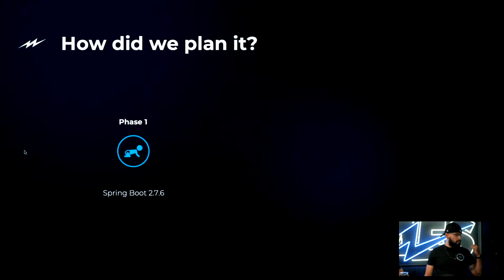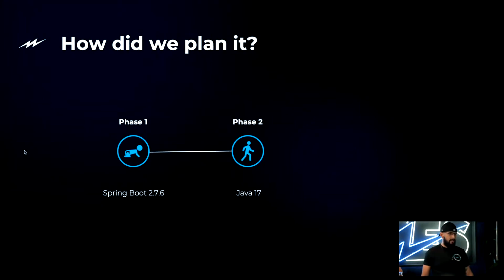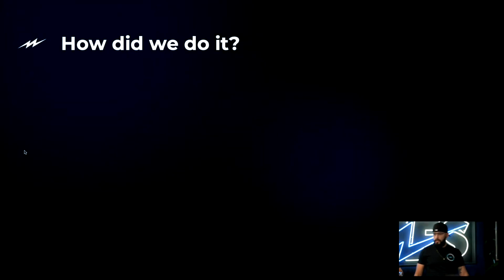The first one, we migrated from Spring 2.6 to 2.7. The reason behind that is that was the first one that could use Java 17. So we made that change so we could later migrate to Java 17. So that was phase 2. And the third phase, we migrated from Spring 2.7 to Spring 3.